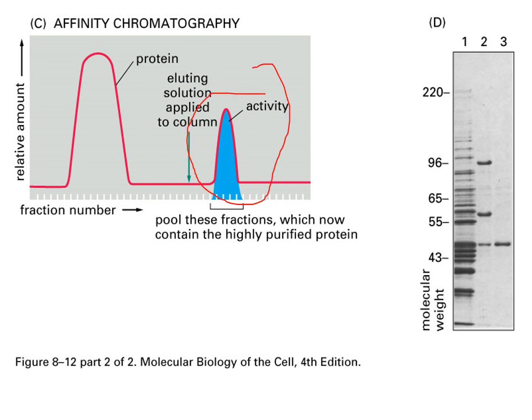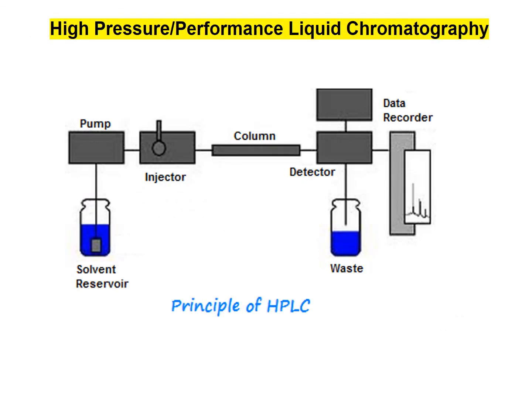Each band represents a different protein. Here's some weakly binding proteins, including our target, and then 3 is the strongest binding proteins on the affinity column. And now we theoretically should have a pure protein that we manipulate further.